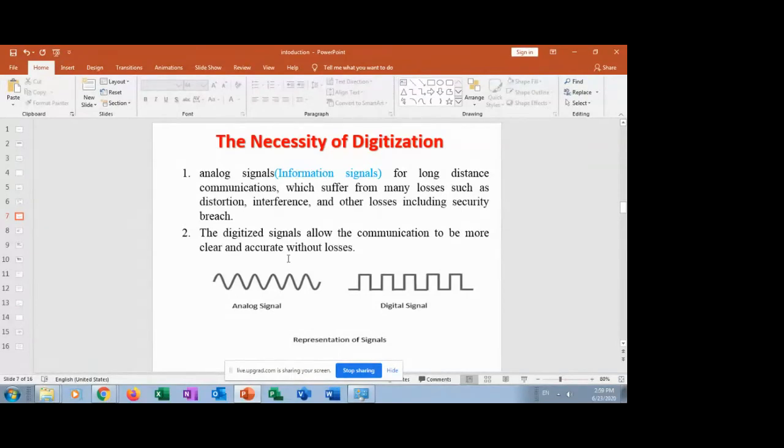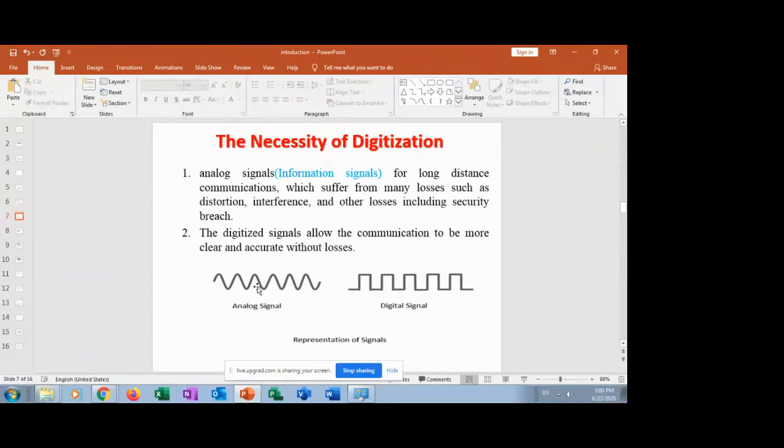So the conclusion of this one is the signal to noise ratio, a very important point we already discussed. The signal to noise ratio of the digital signal is very high as compared to the analog signal. As we know, if the distortion is very less, we get a higher signal to noise ratio, and if the distortion is very high, obviously we get a very low value.